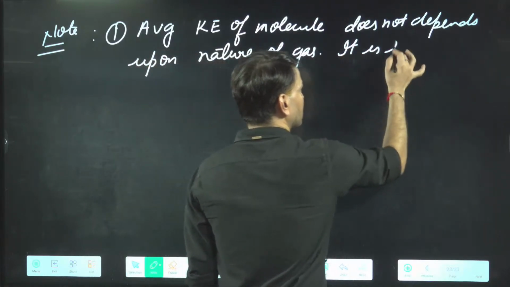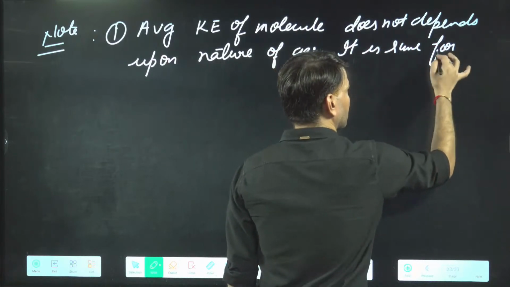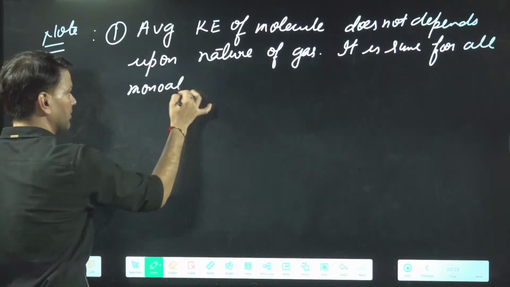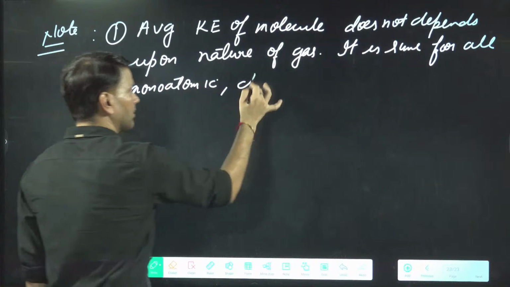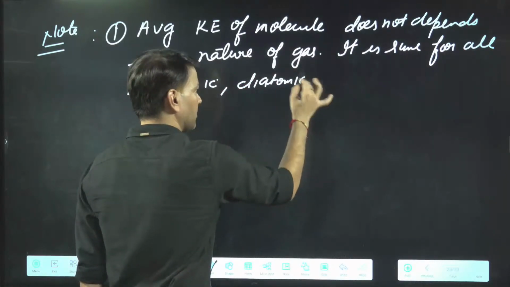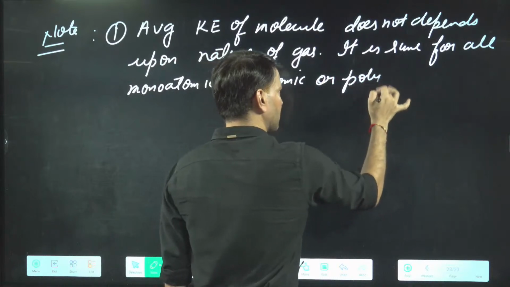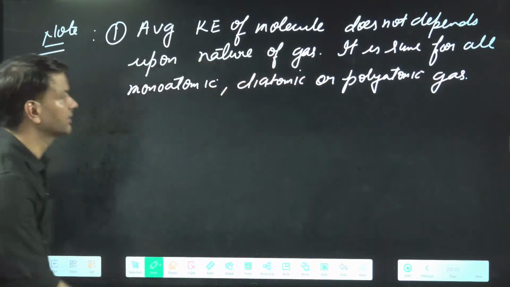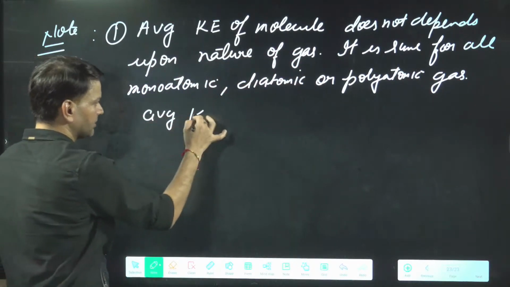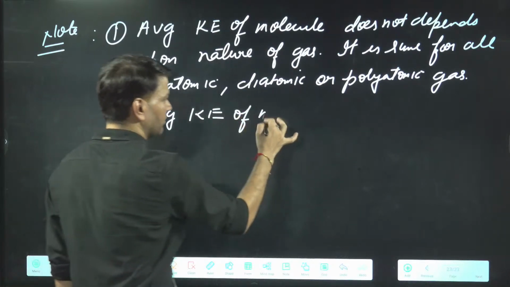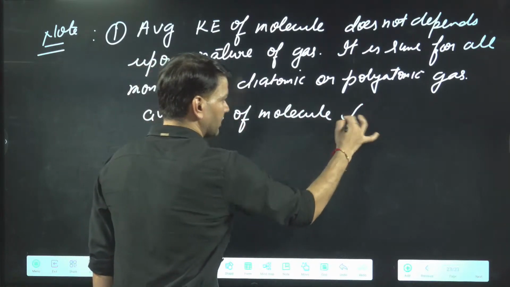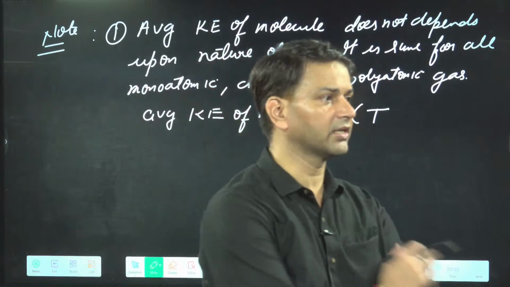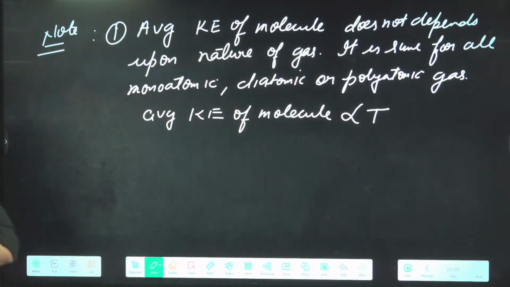It is the same for all monoatomic and diatomic gases. So one thing we can say, the average kinetic energy of a gas molecule is directly proportional to the absolute temperature. Why? 3/2 K is the constant. So we can say the average kinetic energy is directly proportional to absolute temperature.